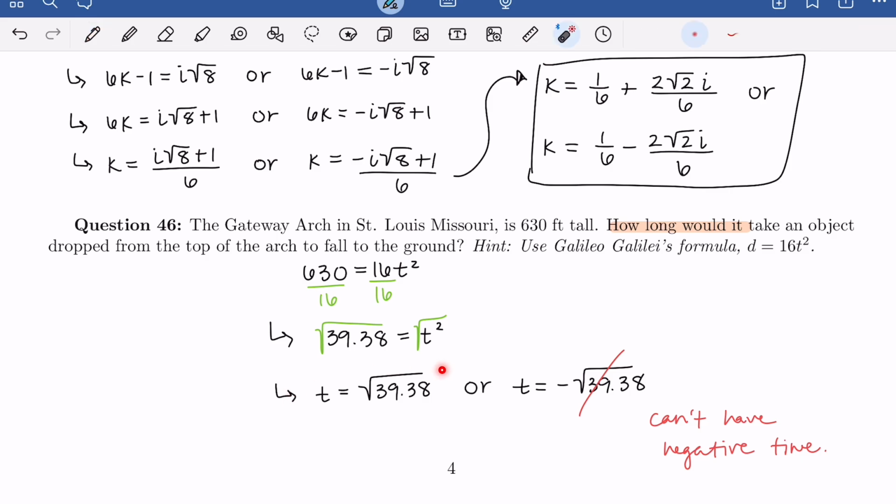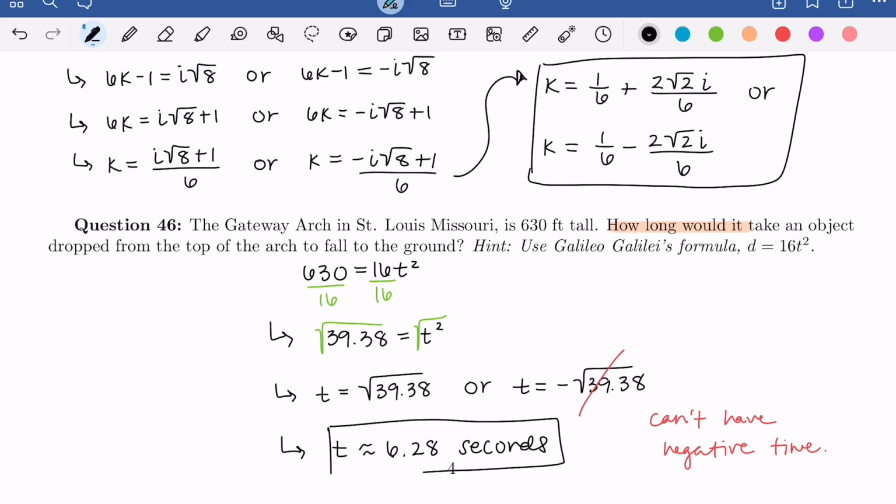In this case, this is our only solution. Taking the square root of that, this will be about 6.28 seconds. So that's how long it would take to drop something from the top of this arch.